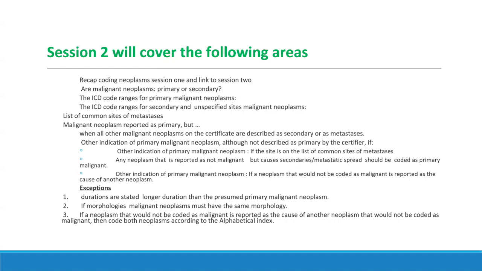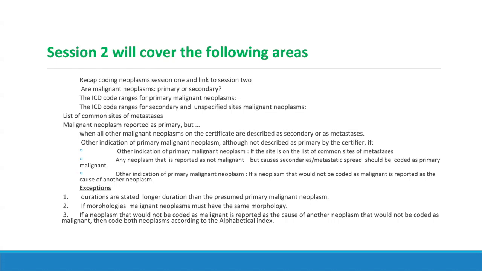We will examine the ICD code ranges for primary malignant neoplasms along with the code ranges for secondary and unspecified sites of malignant neoplasms. We'll also review the common sites of metastasis and emphasize that a malignant neoplasm reported as primary should be treated as such, even if other neoplasms of the certificate are described as secondary or metastasis.